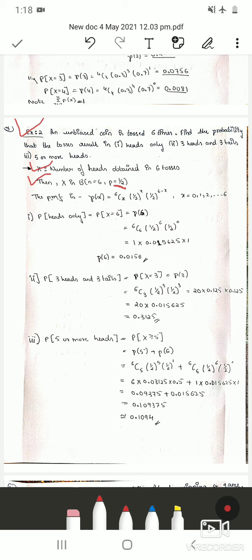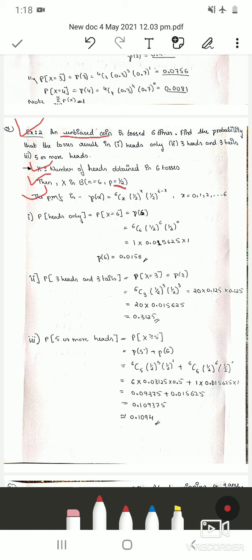So we are taking p as 1 by 2 or 0.5 or 50%. They have mentioned in the question an unbiased coin. So always remember, in a problem of tossing a coin, if the coin is unbiased, then the p value will be 1 by 2.